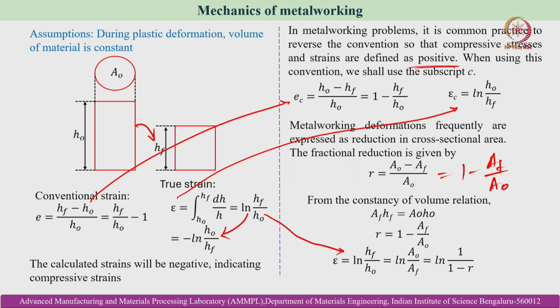Then ln HF by H0 is equal to ln A0 by AF, since from here we know that HF by H0 is equal to A0 by AF. That is what is kept over here.